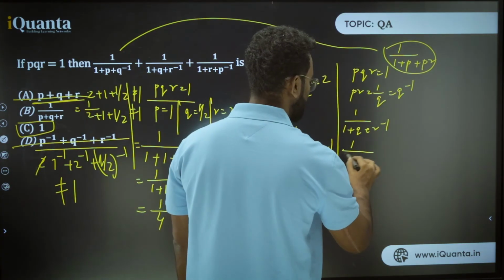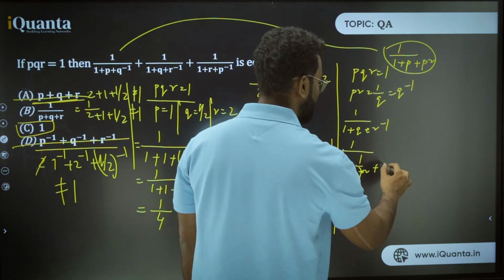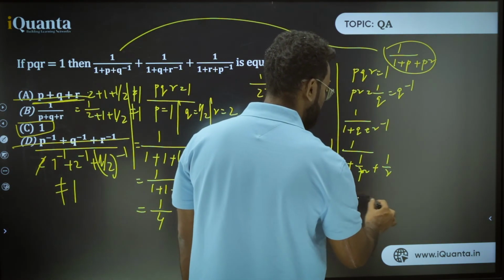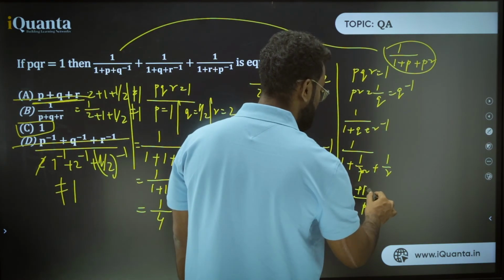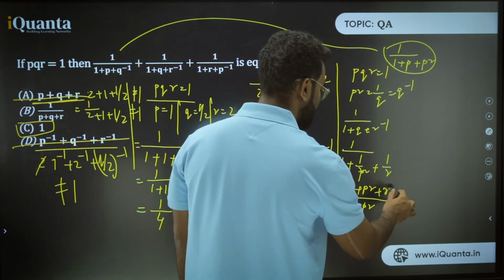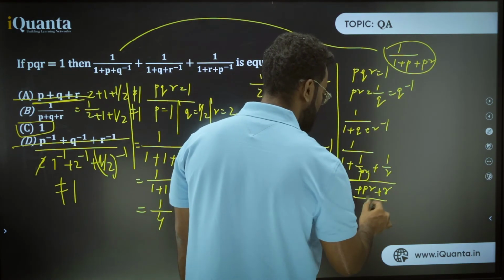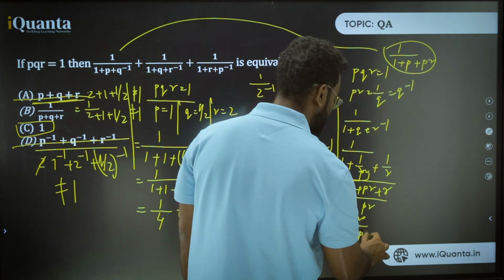So in this case, I have 1, and what is the value of Q? That is 1 upon PR. And what is the value of R to the minus 1? It is 1 upon R. Now do the LCM. So it will become PR and the 1 plus PR plus R, and this is PR. So this is 1 upon this, so if I just take the reciprocal, it will become PR upon 1 plus PR plus R.